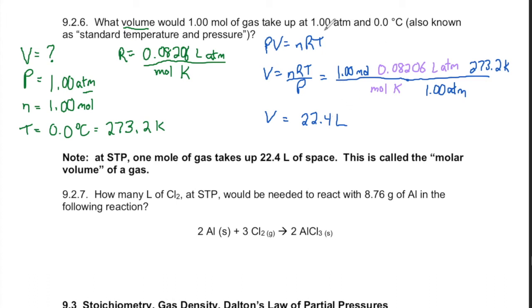So the pressure to me seems pretty standard, 1 atmosphere. This isn't a temperature I like to have be too standard. I don't really like having room temperature be 0 degrees Celsius, but for some reason that was picked as the standard temperature as well. And so a lot of times people talk about a mole of gas being 22.4 liters under typical conditions.